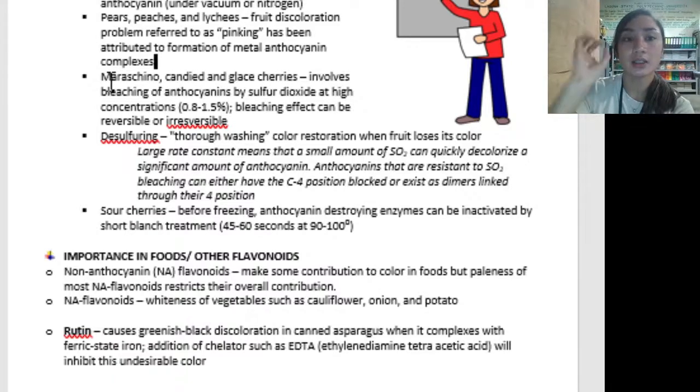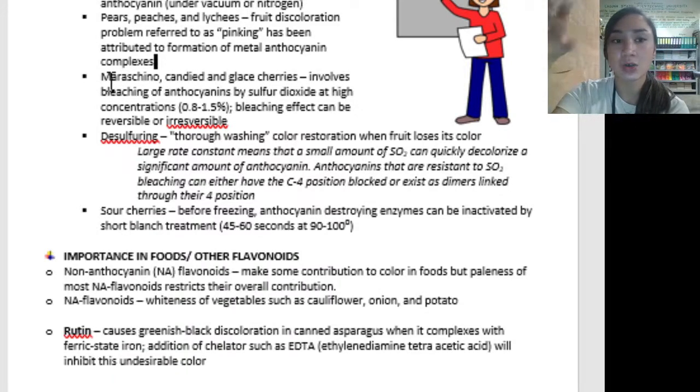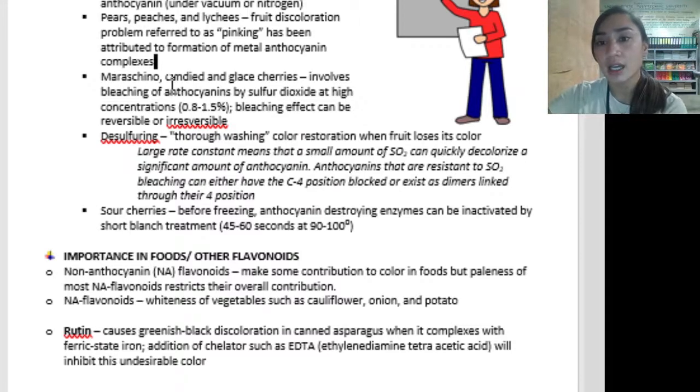Ito yung mga candied or glazed na cherries, so coated with sugar. And meron silang bleaching ng anthocyanins na gumagamit ng sulfur dioxide at high concentrations. So, imagine ang concentration ng sulfur dioxide ay around 0.8 to 1.5%. Yung bleaching effect niya, it could be reversible or irreversible.